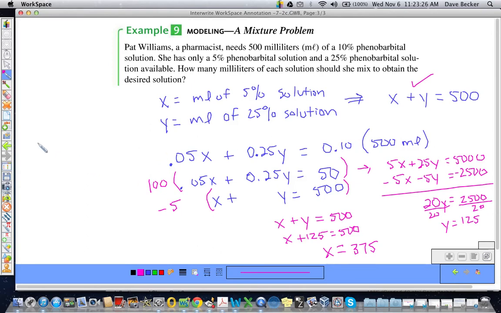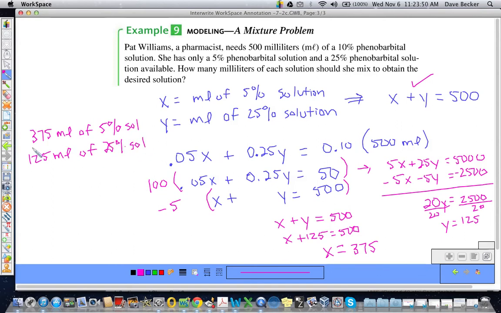And so I have my solution. I need 375 milliliters of the 5% solution, and I need 125 milliliters of the 25% solution. That was what y represented.